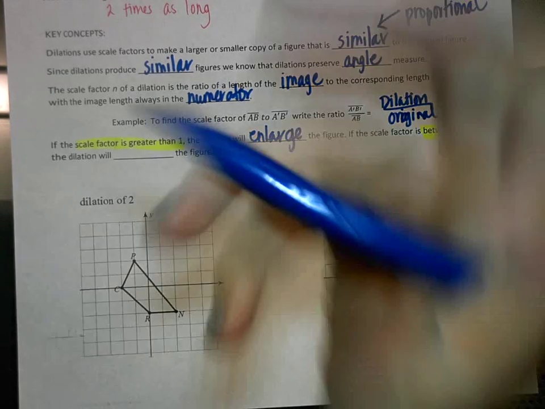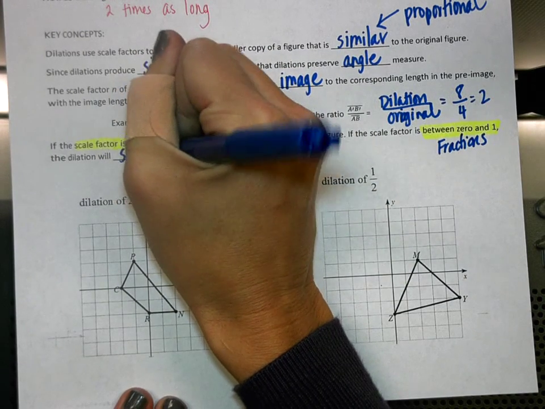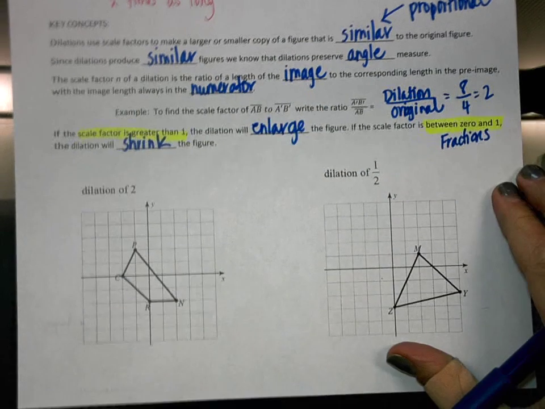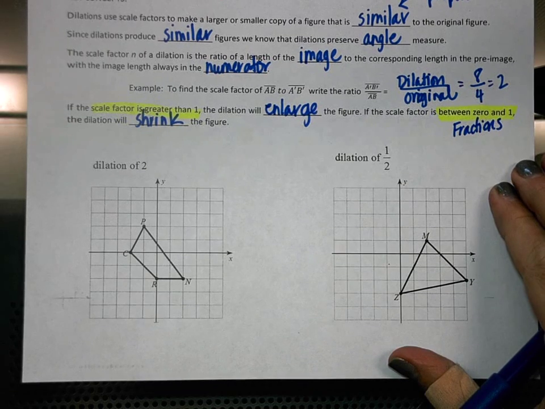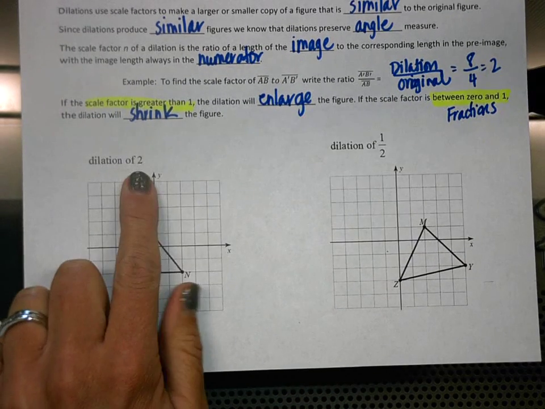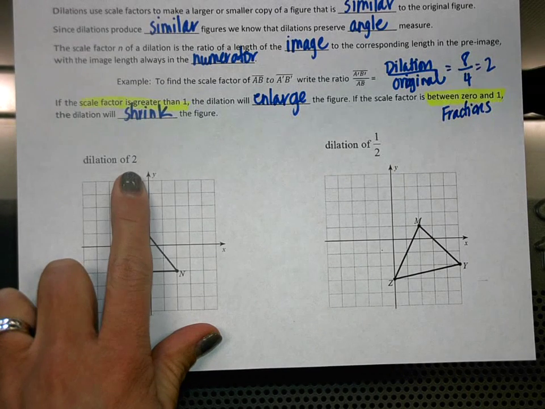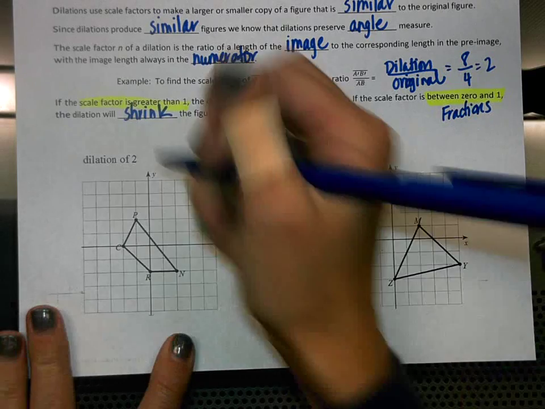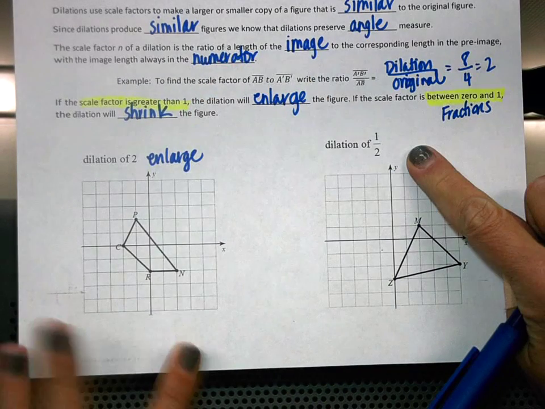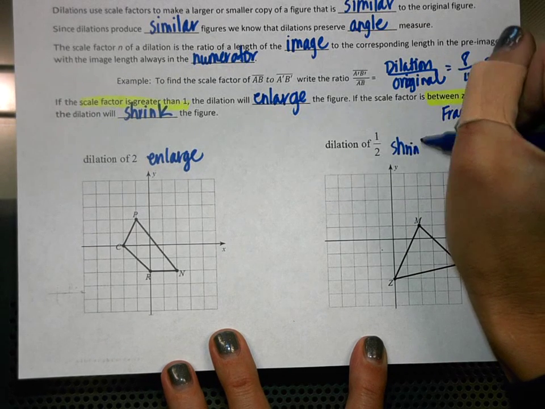The dilation will shrink the figure, exactly correct. All right, so we're going to do a dilation of 2, and we're going to do a dilation of 1/2. So this one is going to enlarge, and this one is going to shrink. Okay, do we see the difference in the numbers?